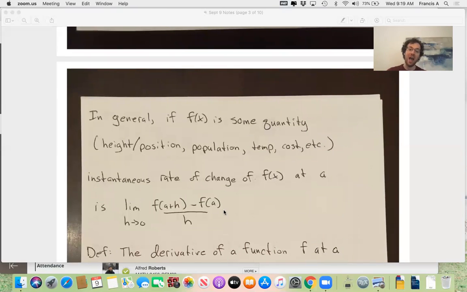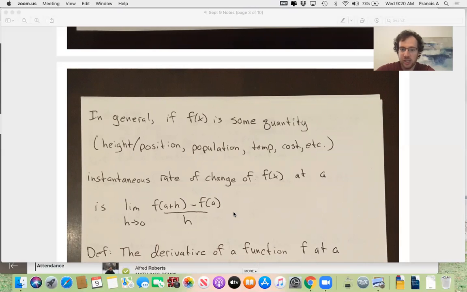You can talk about average rate of change of some quantity, which is a slope looking expression. And then taking a limit says, find the average rate of change over a smaller and smaller interval of time. And that corresponds to taking a limit, and the limit you get is the instantaneous velocity or instantaneous rate of change of this function at a point.